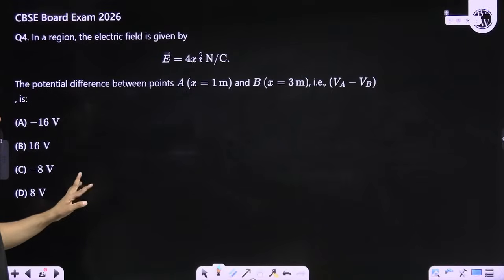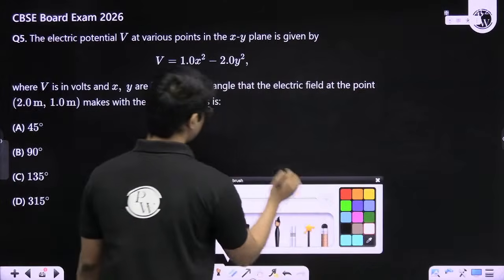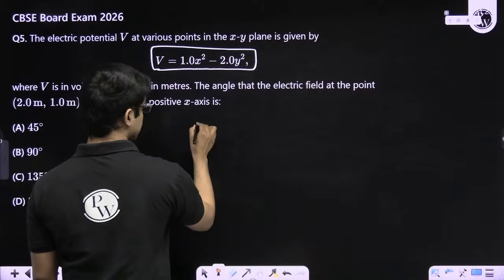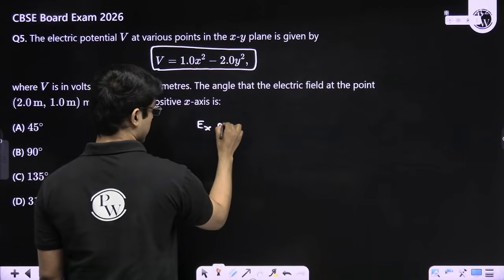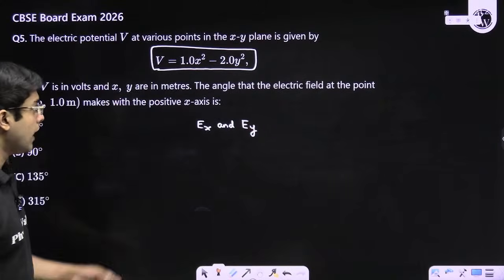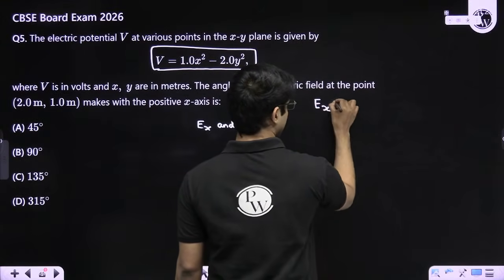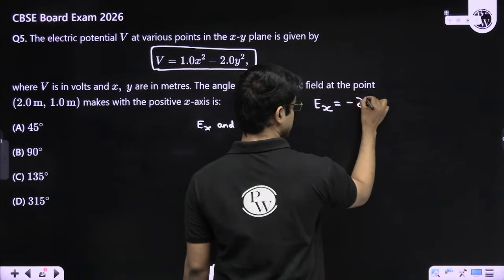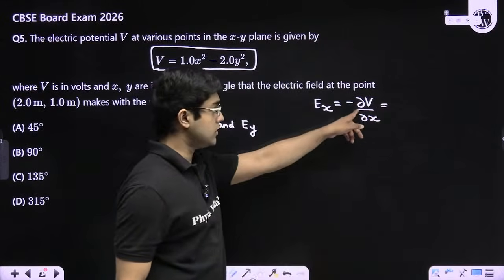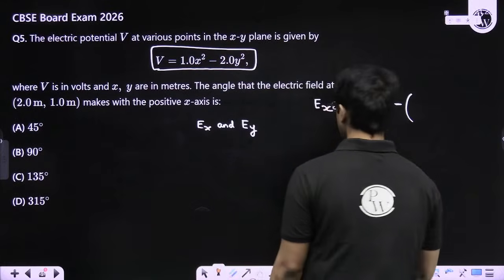But there is another question here, not this one. Here if you notice, the potential depends on x and y both, which means there will be Ex and Ey. There will be a field in x direction and y direction, so we will have to separately find it. Now focus on this. The electric field along the x direction will be minus partially differentiating V with respect to x. Now what does this mean? This means differentiate x but keep everybody else a constant.